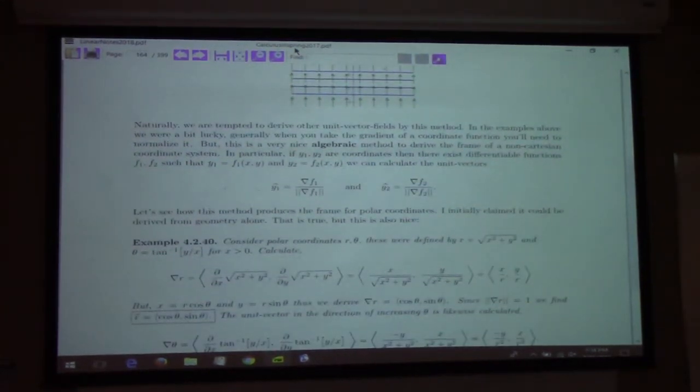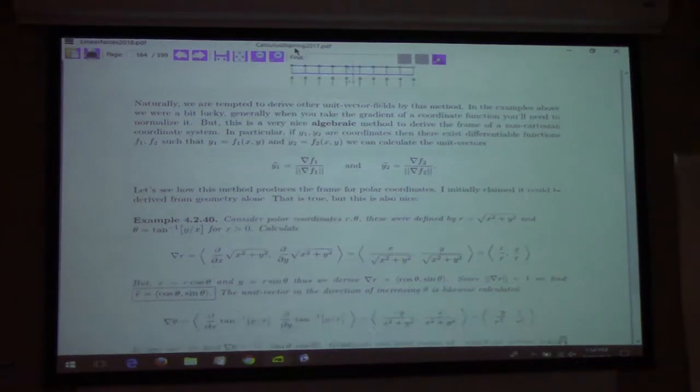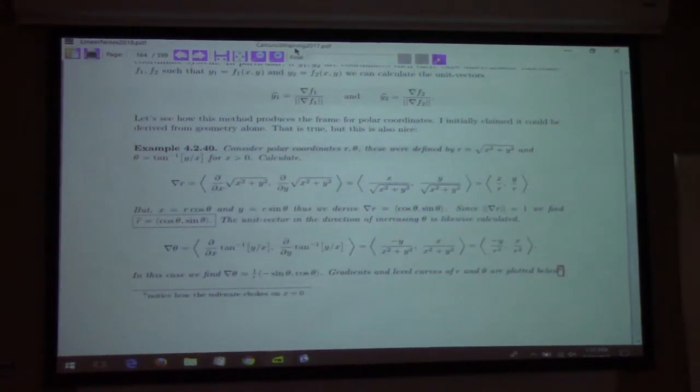And if you look at that, that actually gives us a way to derive the unit vector fields in the direction of r or theta. What we want is to take the gradient of r, or the gradient of theta, and normalize it to length 1. That gives me r hat and theta hat. So the gradient of r works out to this. We did this calculation in the daily quiz last time. We got x over r, y over r.